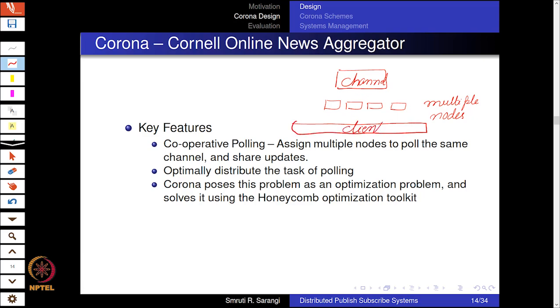And of course, the number of nodes that we assign to poll the same channel depends on the popularity of the channel, the nature of the content, the size of the content, and how many clients are interested. So this is posed as a global optimization problem, and the Honeycomb optimization toolkit is used to actually solve it.